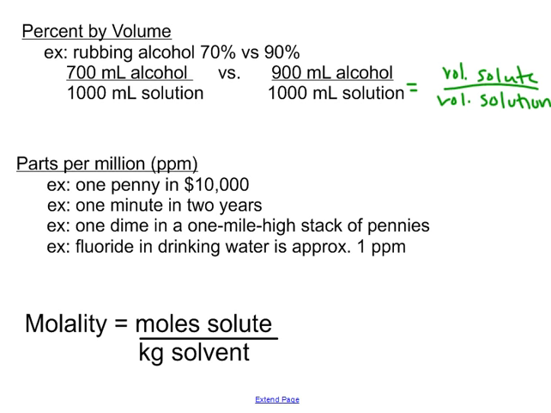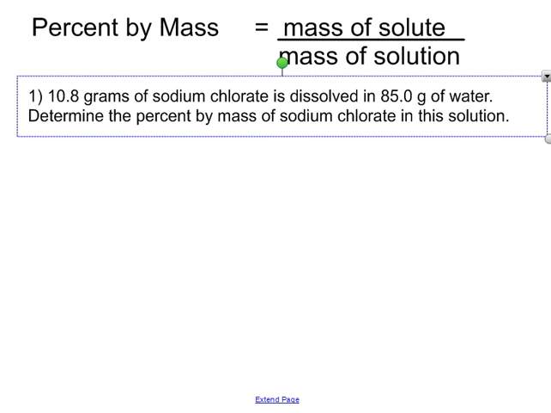So the difference here is that the denominator of molality has to do with just the mass of the solvent separate from the quantity of solute that's present. So these are just some other ways to express concentration, and as long as you're aware that these exist, and there's other ways to express concentration, that's where we're going to leave it.